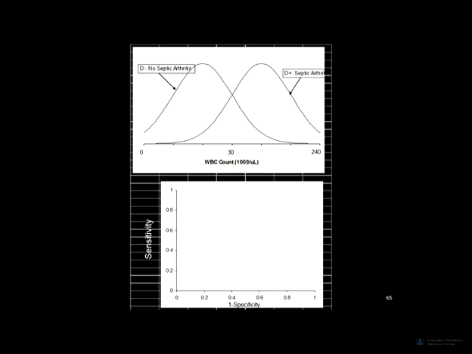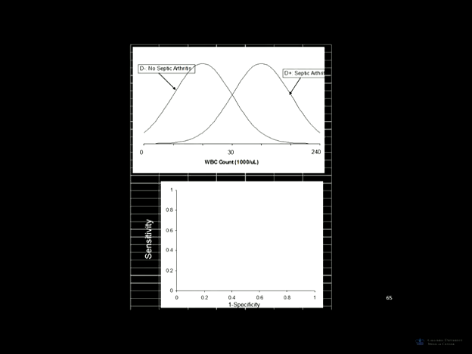And on the right, you have your patients who do have septic arthritis. And you can see, importantly, that there's this area where they really overlap, and a lot of them have the same test result, whether they have or haven't got the disease. But the people who have a very extreme test result, it's very certain that they have the disease. Likewise, people who have extremely low white blood cell count.